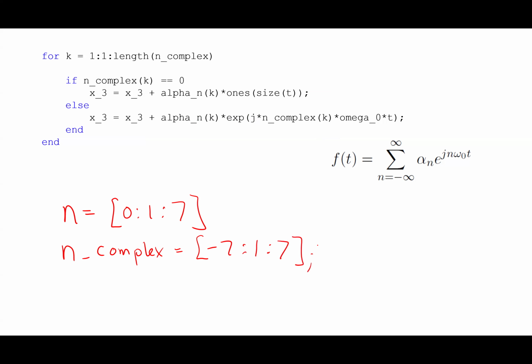Now, you could have made one n vector that went from -7 to 7, and you could have thought carefully about using only half of them for the other two versions of the series. In my mind, that would be a mess to bookkeep. This is one of those things too, where when I write code, I try to think about what the code's gonna do.